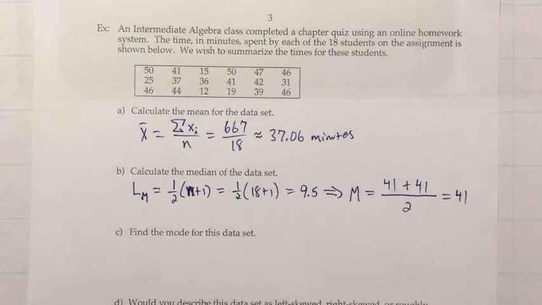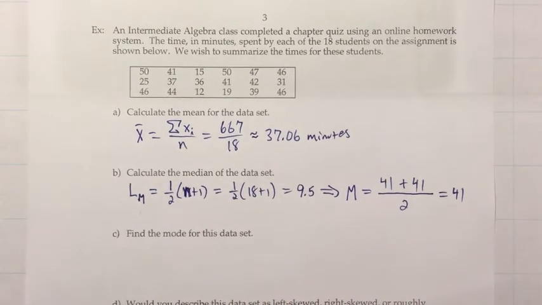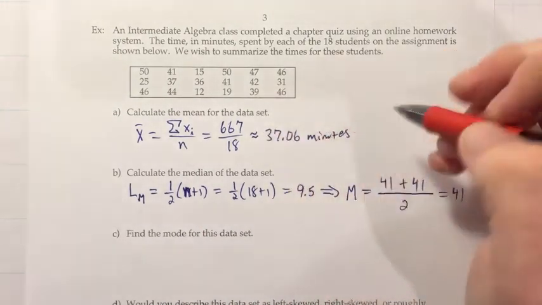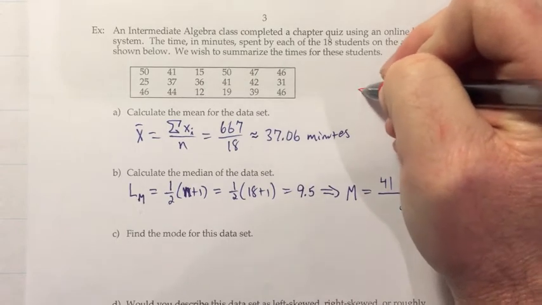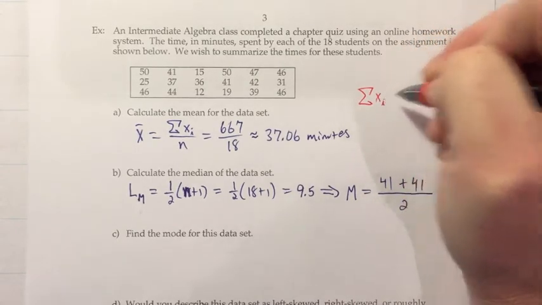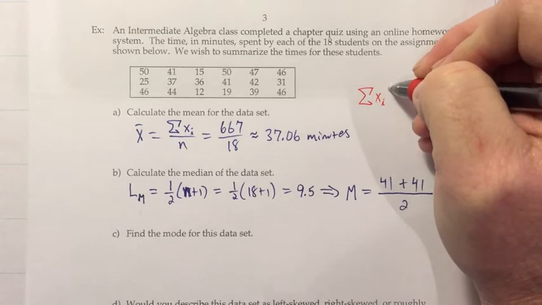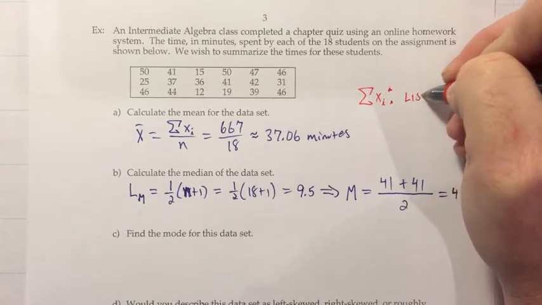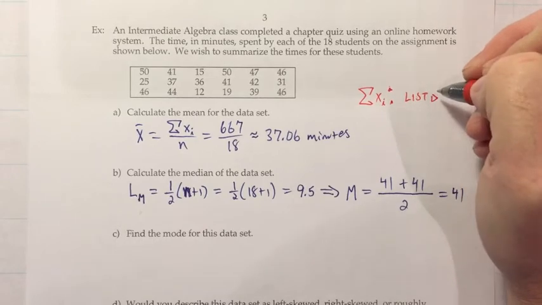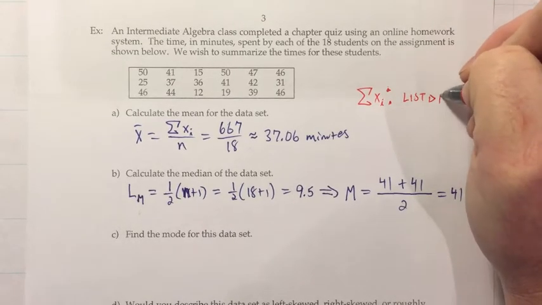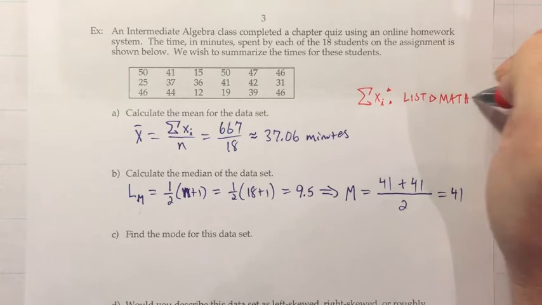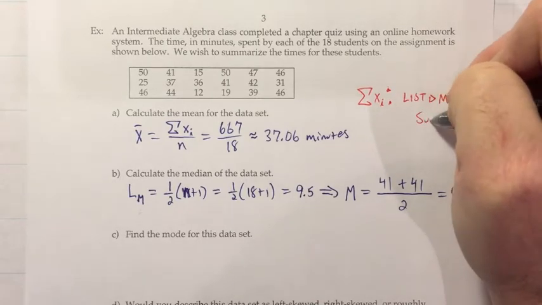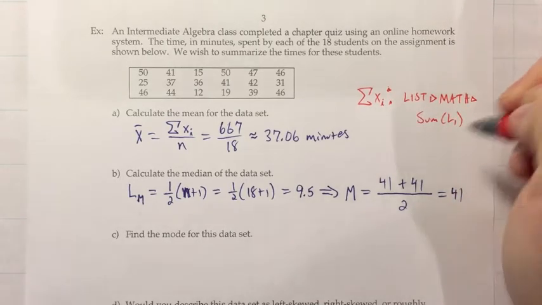And then the other thing I wanted to do for you, since we did some calculator stuff, is just summarize where those things were. So if you want to get the sum of the x values in your calculator, then the pathway to that is to go into list, and then we chose math, and then we were able to pick sum, and then we put our list number. Okay.